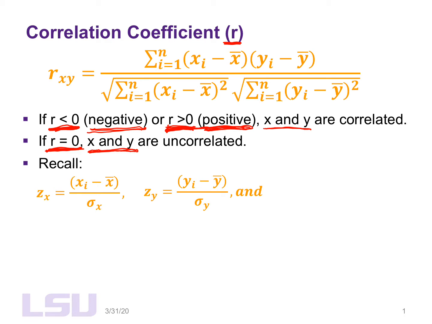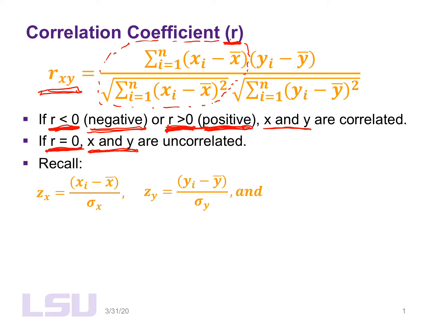Now let's go to the definition of the correlation coefficient. This might look intimidating at first sight, but it's actually very easy. What you need to note is this. You see this term? You will see this term is actually familiar.